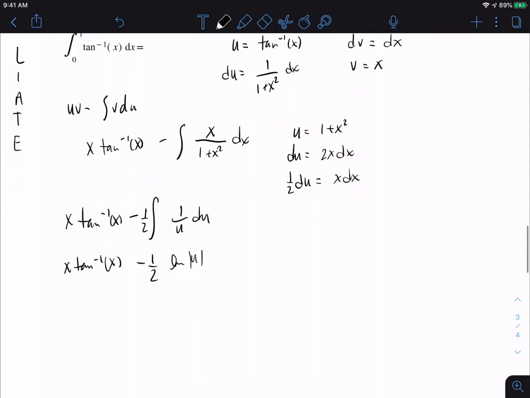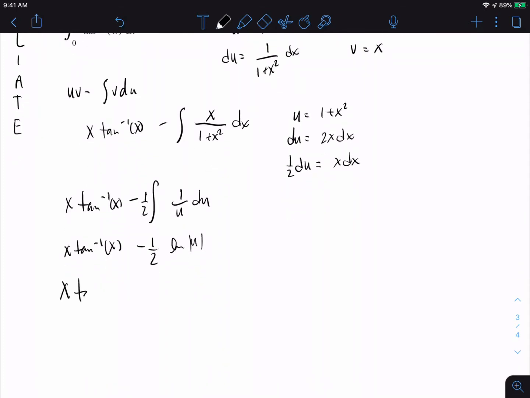But we know that that was a substitution, so we're going to rewrite it as negative 1/2 ln of absolute value of 1 plus x squared, right? Right. And now we need to evaluate this from 0 to 1. So we're evaluating the whole thing from 0 to 1.